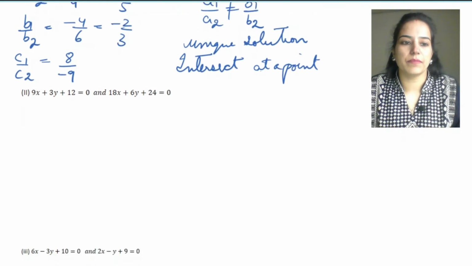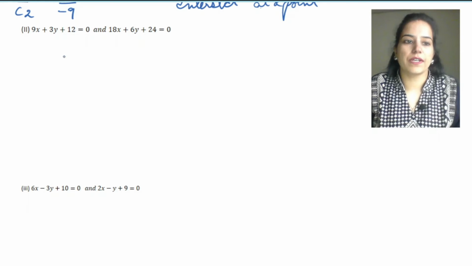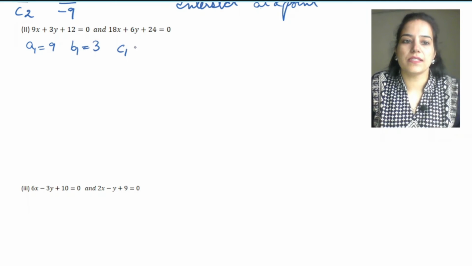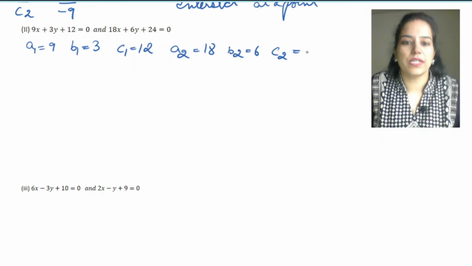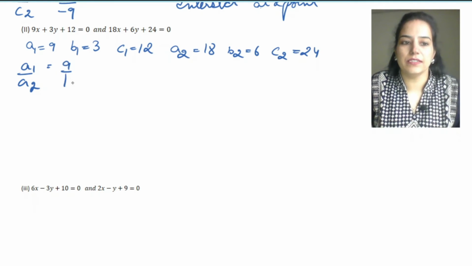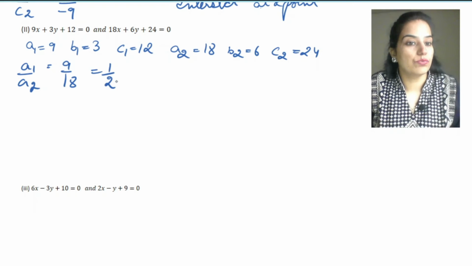If you look at the second part, again, first let's find out what is A1. A1 is 9, right? B1 is 3 and C1 is 12. Then A2 is 18, B2 is 6 and C2 is 24. So A1 upon A2, that is 9 by 18, can be reduced to 1 by 2.